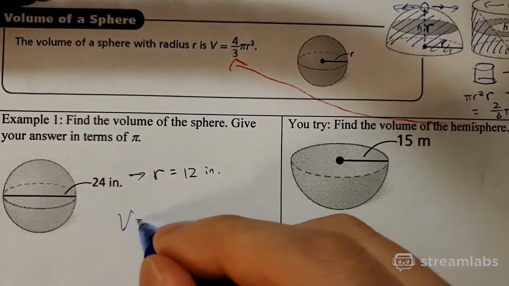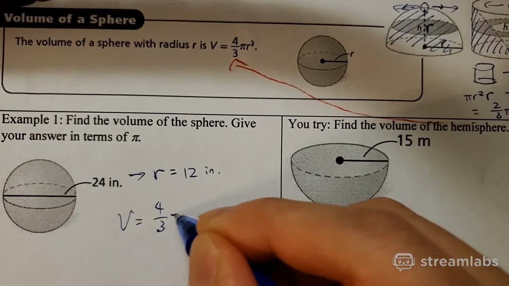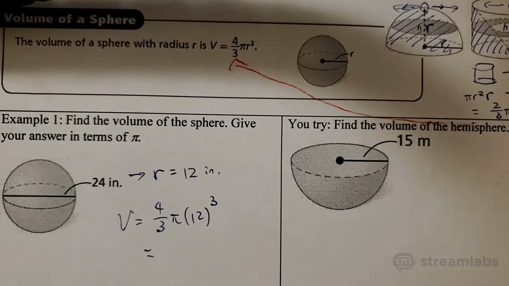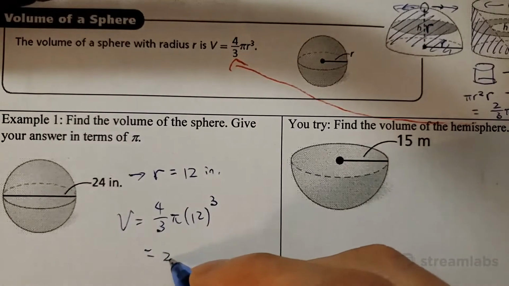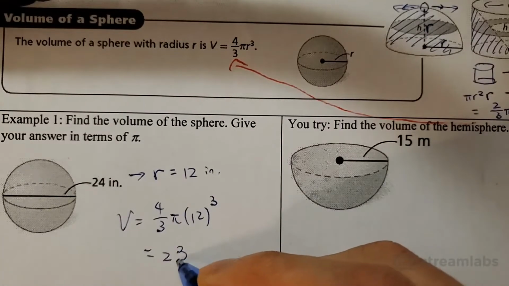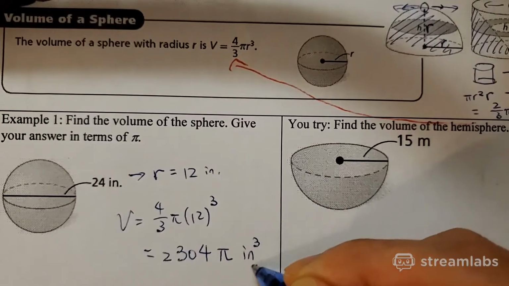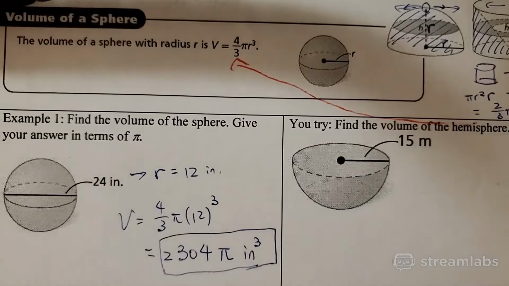So the volume is 4/3 pi r cubed, which ends up being what? I think it's like 2,000 something. 2304 pi inches cubed. Notice that we're doing volume, so we're doing cubed units as well.